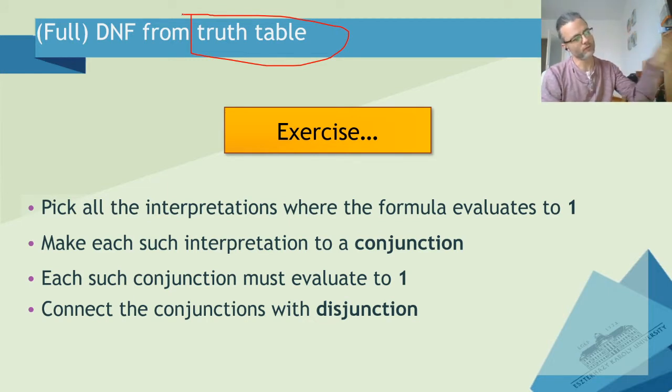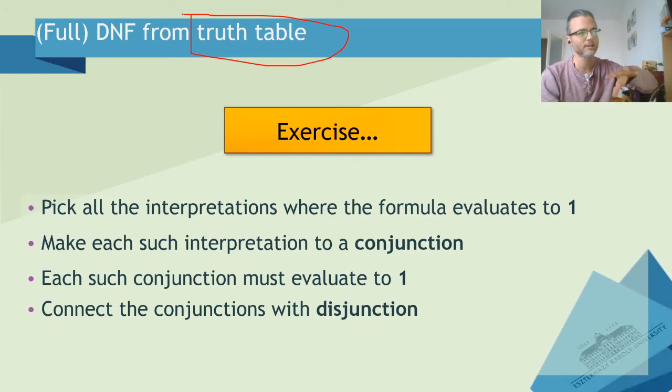If you do the transformation in this way, you get a so-called full DNF or full CNF. I'm not explaining now why we call them full. This is part of the module in the lecture notes I'm going to publish soon. There you will find examples, exercises, everything.